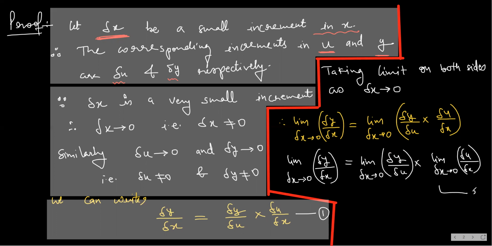Students, this one I write as 2, equation number 2. Now in this, something that I noticed, I would like to bring to your notice. Let's see here, delta y by delta u. See, the denominator is delta u. And here the denominator is delta x.